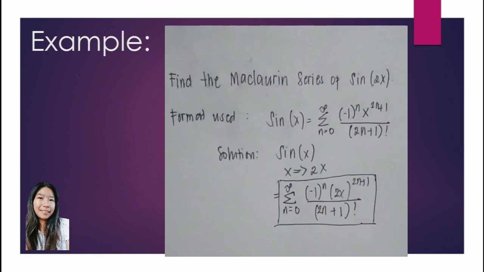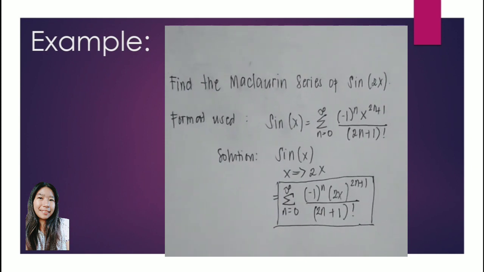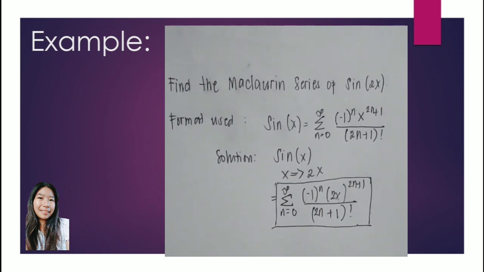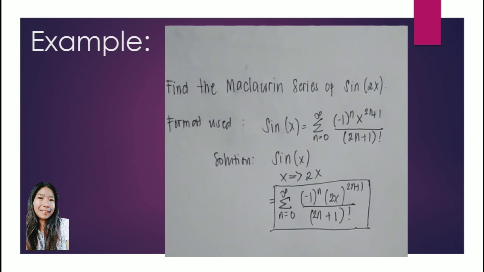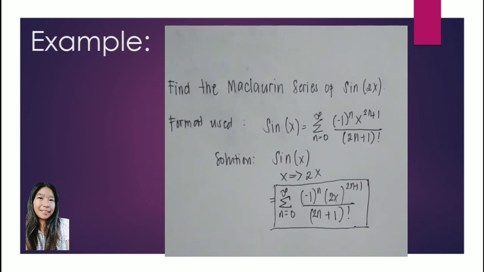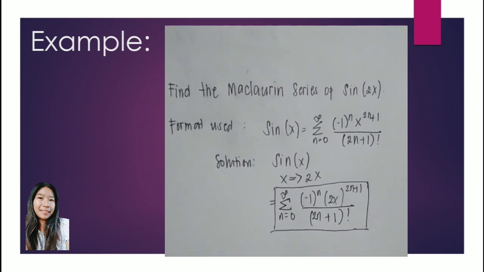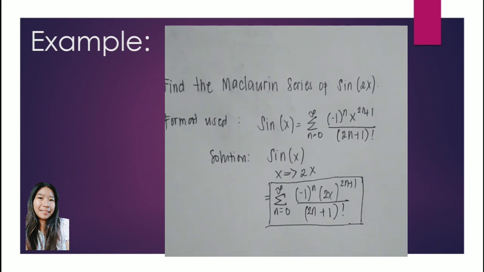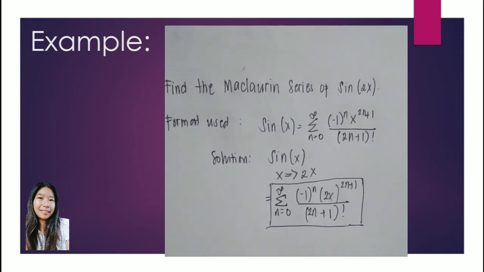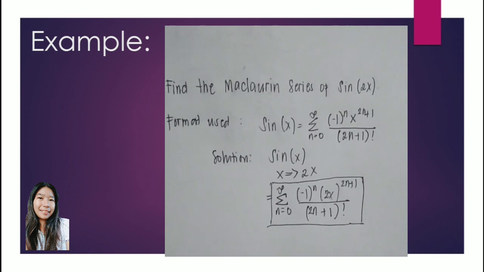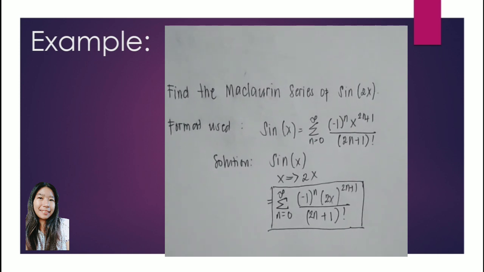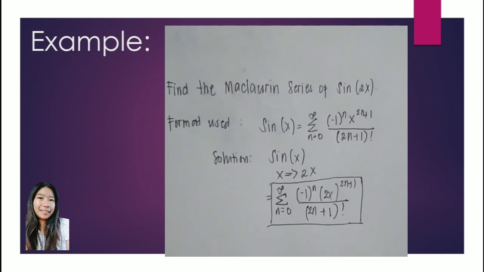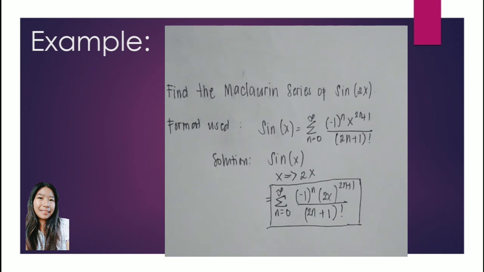Now let's proceed to the example of Maclaurin series, wherein let's find the Maclaurin series of sin 2x. We use the format sin x is equal to the summation from n equals 0 up to infinity of negative 1 raised to n times x raised to 2n plus 1 all over 2n plus 1 factorial.